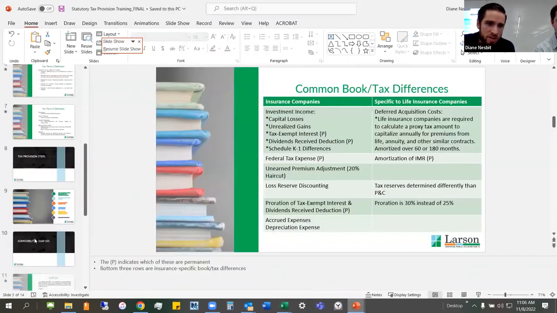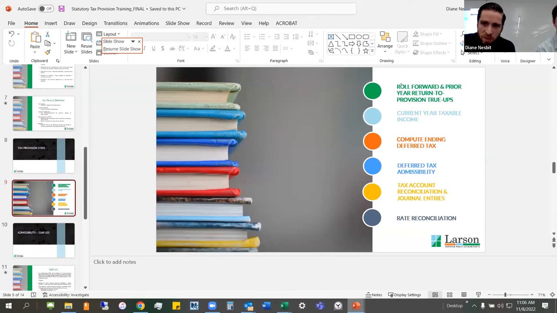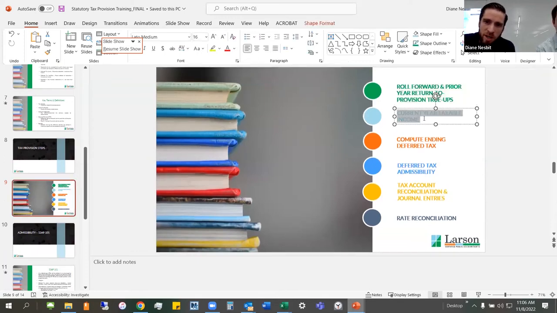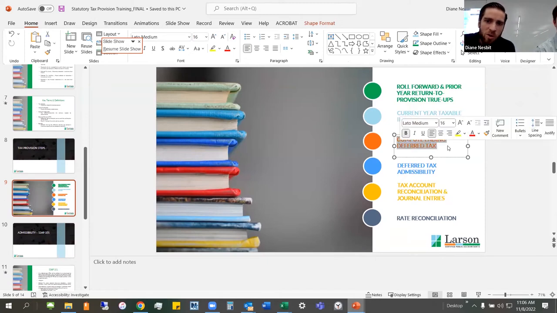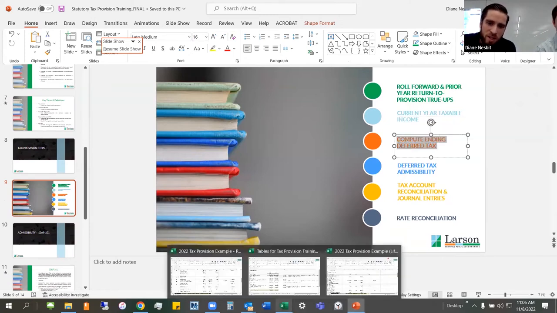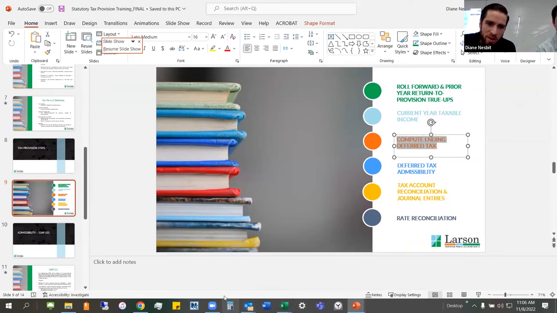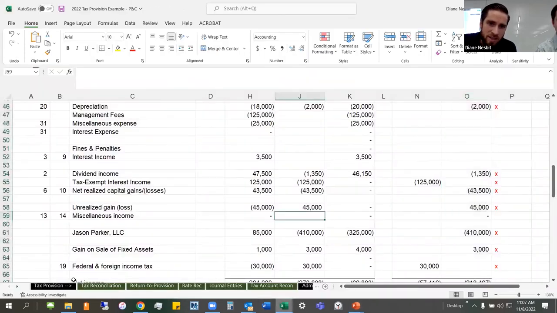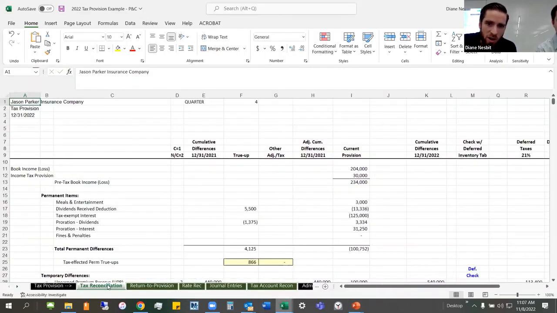We rolled it forward, did our return to provision true ups, and calculated our current taxable income. Now we need to make sure that all those temporary differences we came up with are running through our deferred tax asset and liability schedule so that our ending deferred tax assets and liabilities are correct.